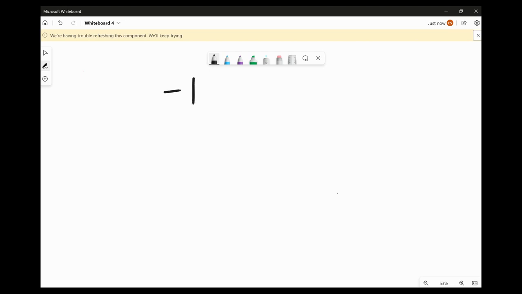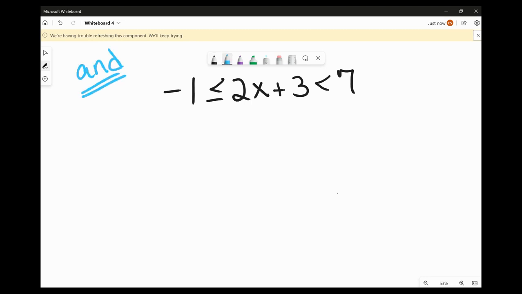It looks like this. Negative 1 is less than or equal to 2x plus 3 is less than 7. An and problem starts off looking like this. And I'm going to write that here. It's an and problem. So I'm going to solve this as if this negative 1 wasn't here and it's just 2x plus 3 is less than 7.